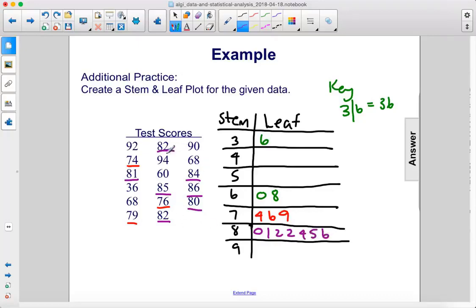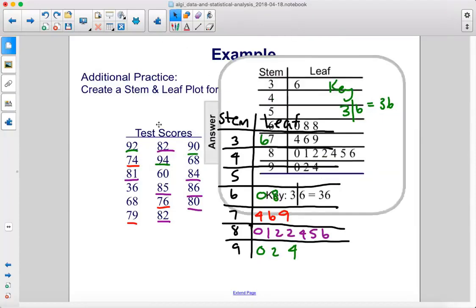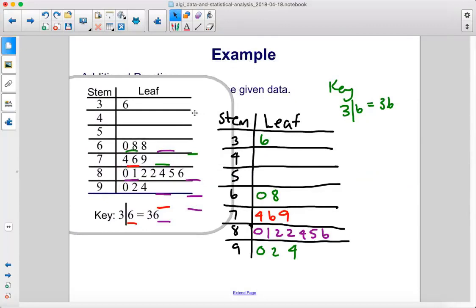Cool, and I think that's it for the 80s. Alright, finally we have the 90s. We have 92, 94, and 90. So 90, 92, 94. Alright, let's check our work. Yep, that all looks right.